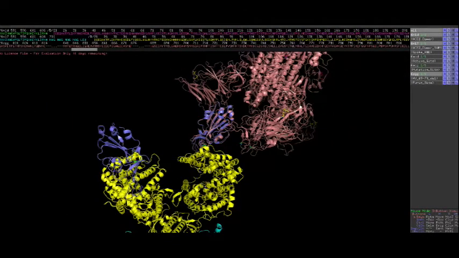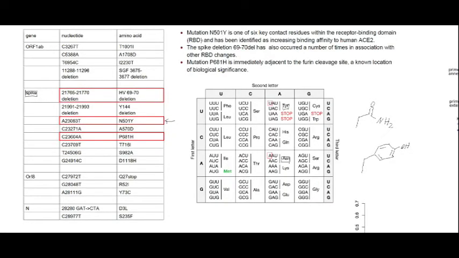What that would do is allow the virus to bind tighter or more often and therefore gain entry more often, but it would also help to bind and prevent anything else from binding to it. Those two things would allow the virus to be more contagious and to actually enter the cells more.